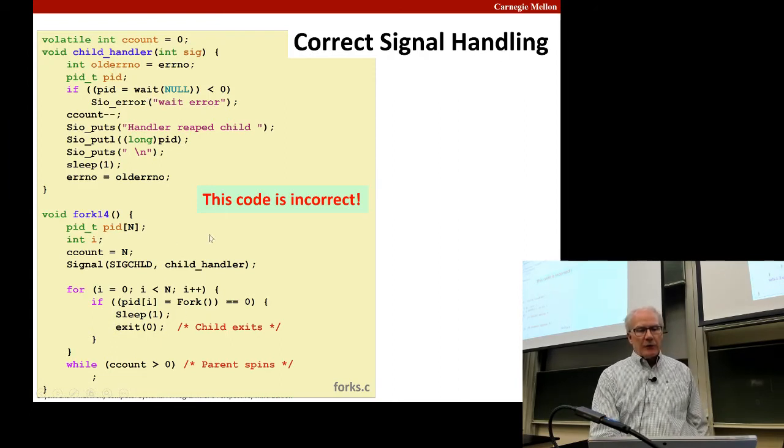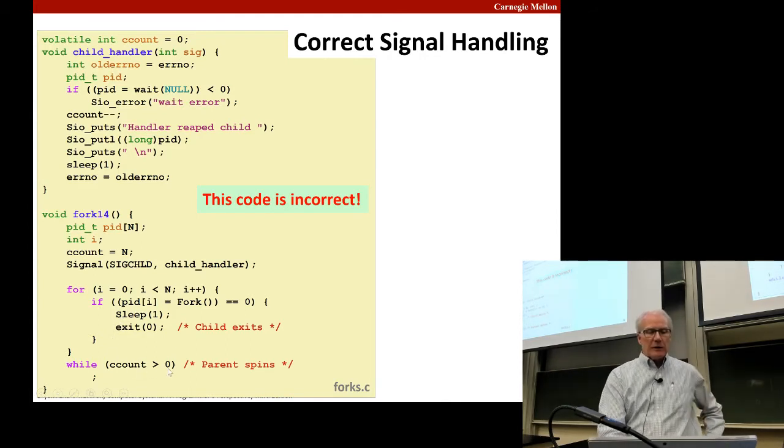And so the general idea of it is that there's this signal handler that's associated with the signal SIGCHLD, and each time it gets invoked, it will wait for a process, and then it will decrement this global counter, and then my main program will just sit there, apparently in an infinite loop.